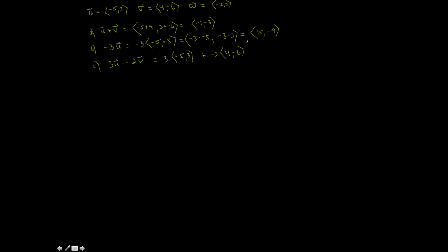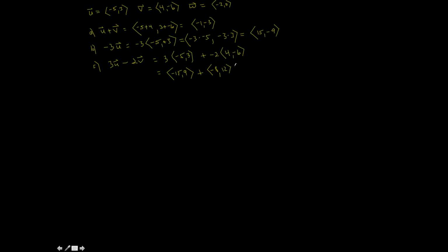So you see what we did there? Remember, subtraction is the same thing as plus a negative, which is how we're portraying this so that we can solve it. So this is actually negative 15, 9 here, plus negative 8, 12.